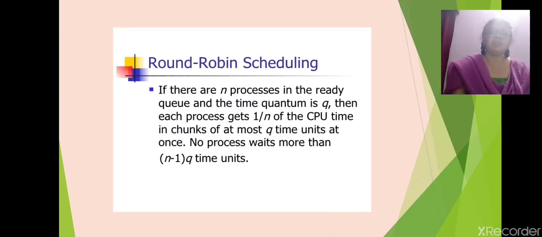If there are n processes in the ready queue and the time quantum is q, then each process gets 1/n of the CPU time in chunks of at most q time units at once. No process waits more than (n-1)q time units. It means waiting time is not much. No process has to wait for long.